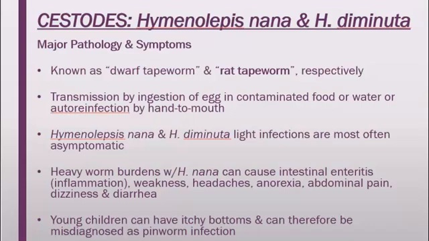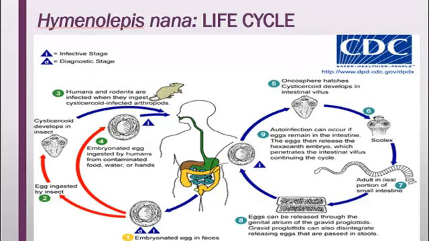Light infections of both species are often asymptomatic. Heavy worm burden of H. nana can cause intestinal enteritis or inflammation, weakness, headaches, anorexia, abdominal pain, dizziness, and diarrhea. Young children a lot of times get misdiagnosed as having pinworms, or Enterobius vermicularis, because of the symptom of having an itchy bottom.